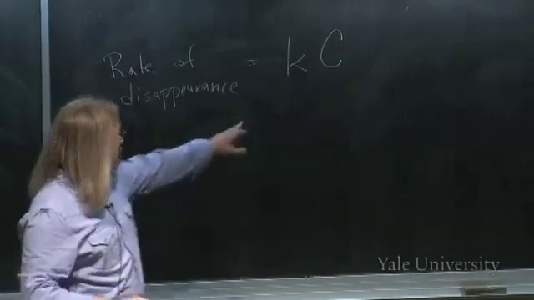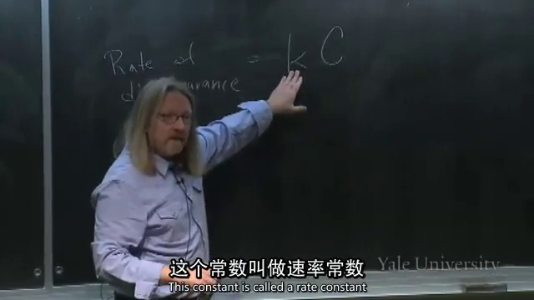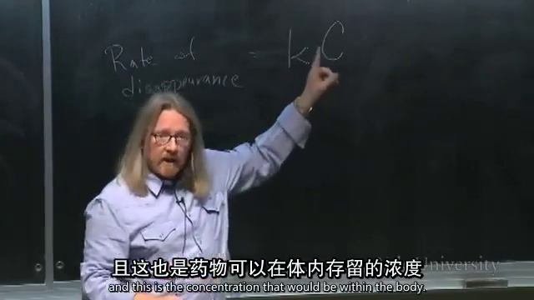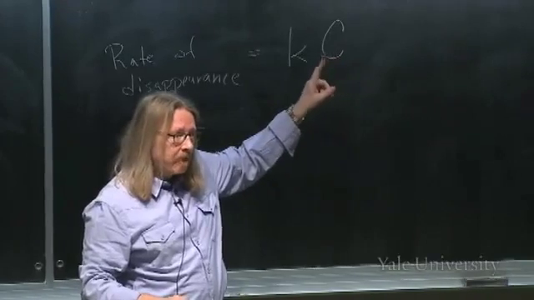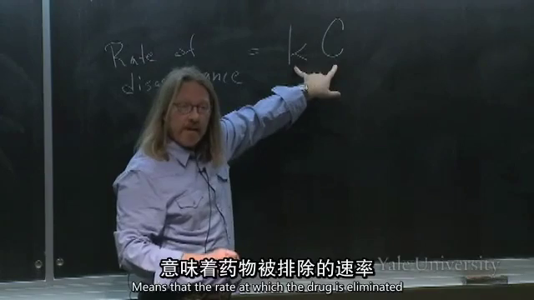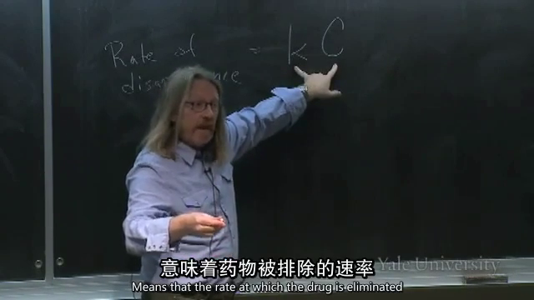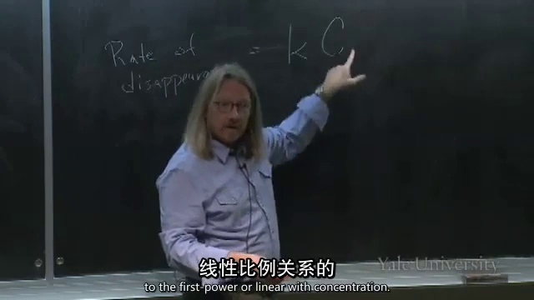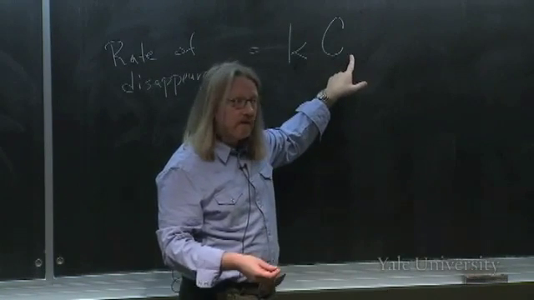And this constant is called a rate constant. And this is the concentration that would be within the body. Right? This is a first-order equation. It means that the rate at which the drug is eliminated is proportional to concentration to the first power, or linear with concentration.